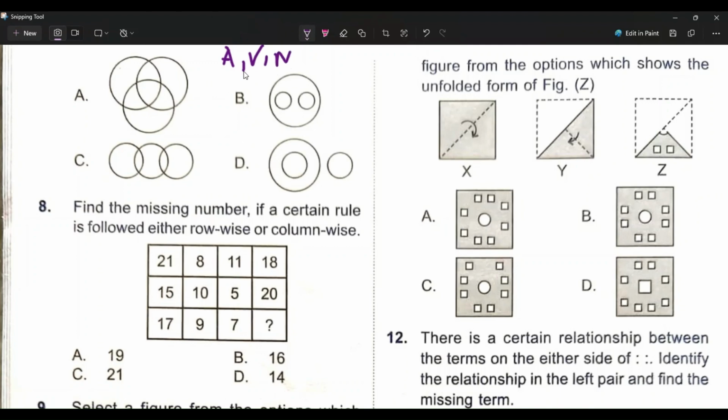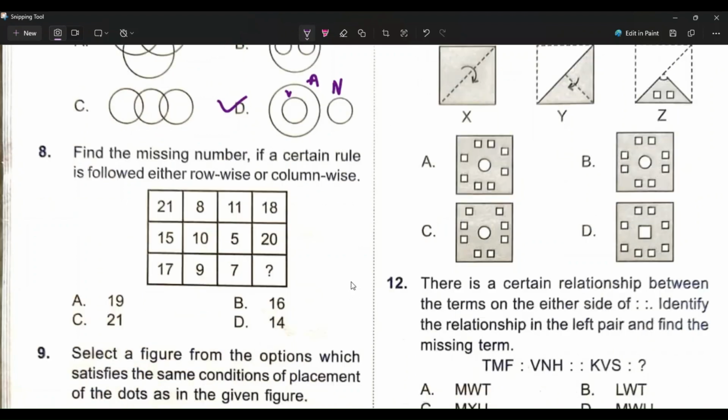So vowels come under alphabets. So this represents vowels come under alphabets and this is the number representing Venn diagram. So option D is the right answer, children.